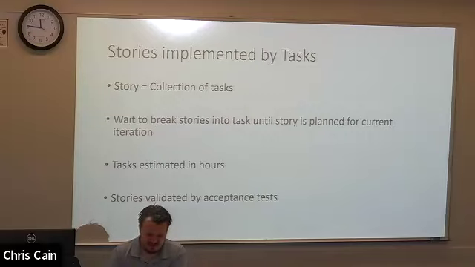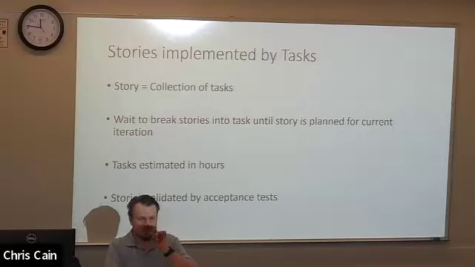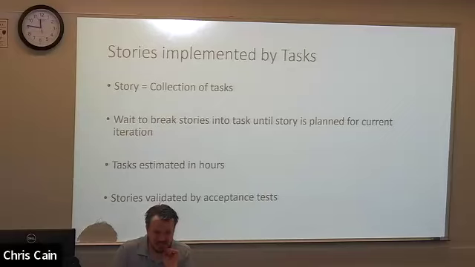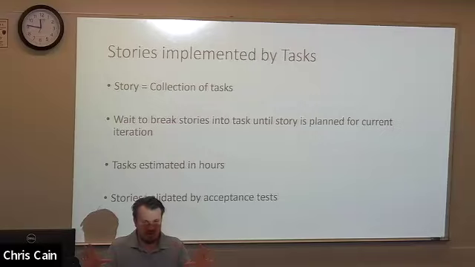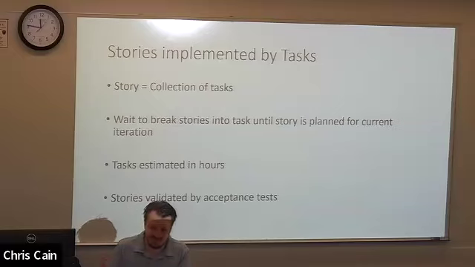So we have stories that are implemented by creating tasks for them. One thing to note when you make these tasks in GitHub is we want to have a time estimation for them. We call this time boxing. So we want to give an approximate amount of time that we think this task is going to take. It's easy to be too specific here, so I like to keep them kind of vague.